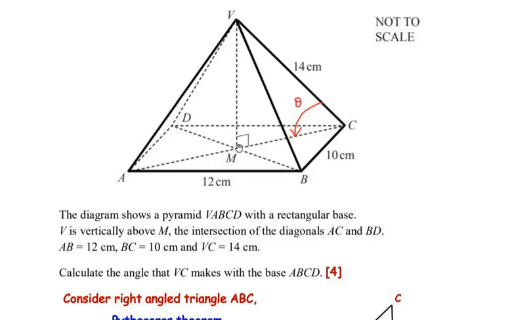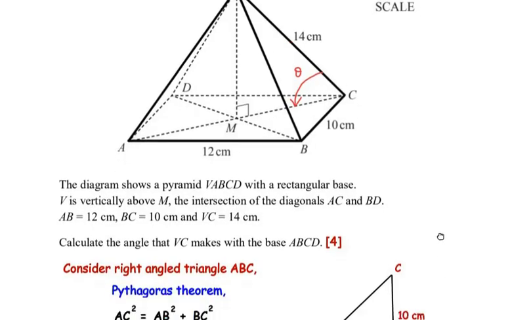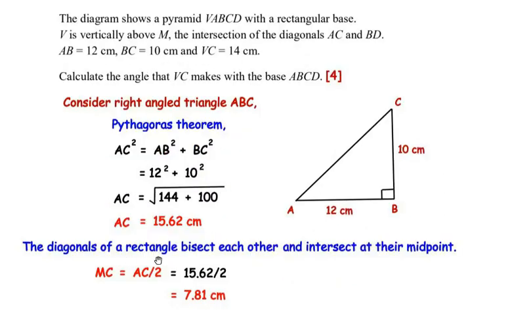And since M is acting as the midpoint, we are going to take the length MC as half of the length AC. So MC will be equal to AC divided by 2. So 15.62 divided by 2 is going to give us the length of MC as 7.81 centimeter.